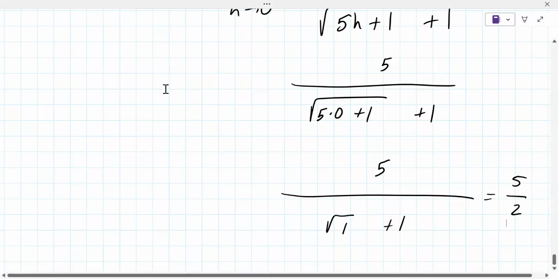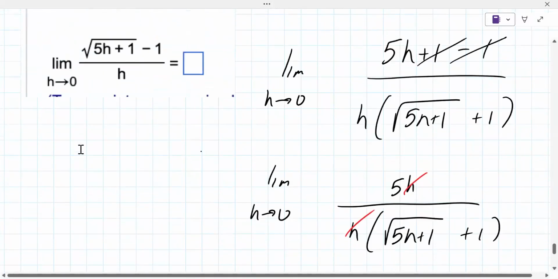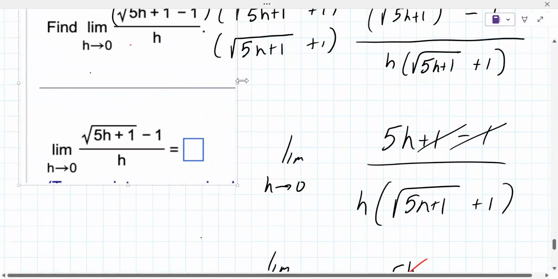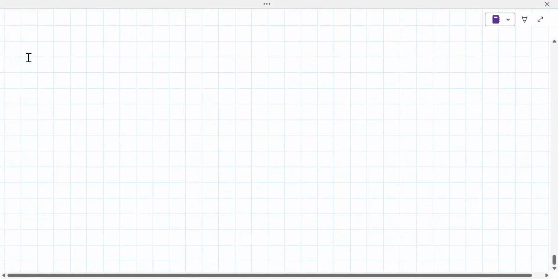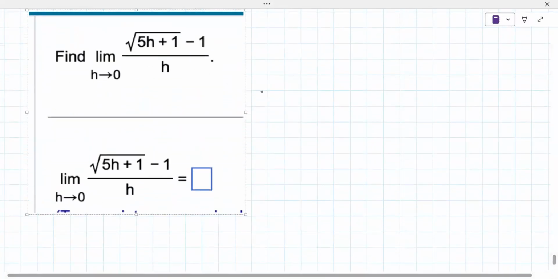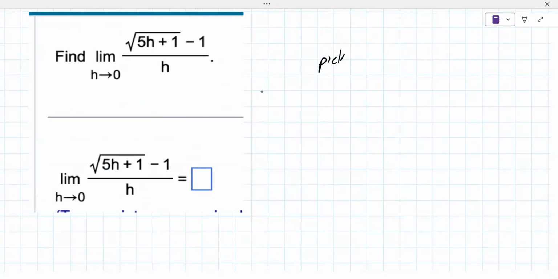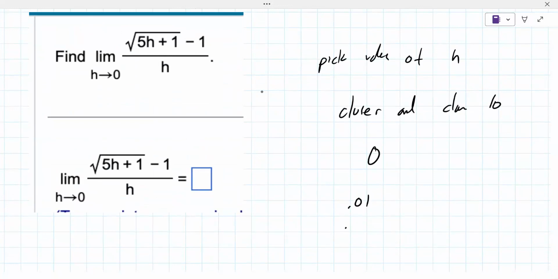There is another way to do this on your calculator. You said you had a calculator. You pick values of h closer and closer to 0. So you might try 0.01, 0.0001, and so on.